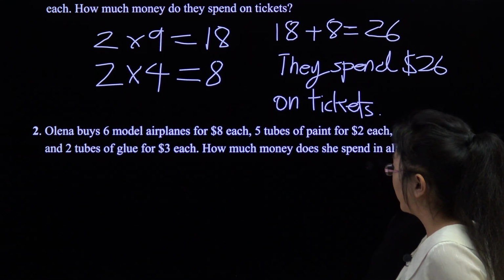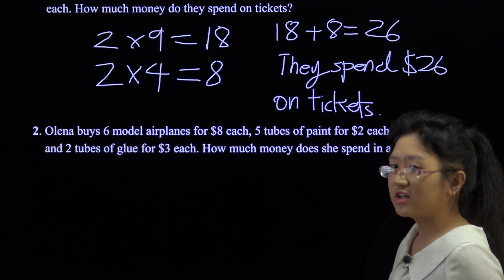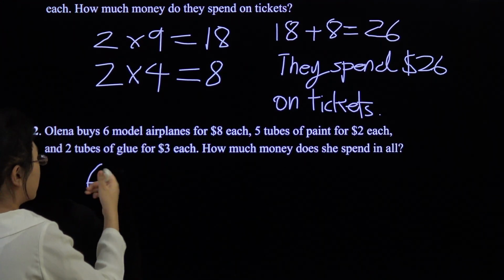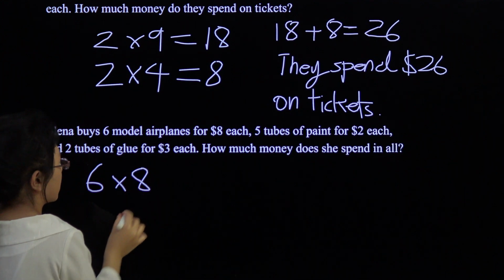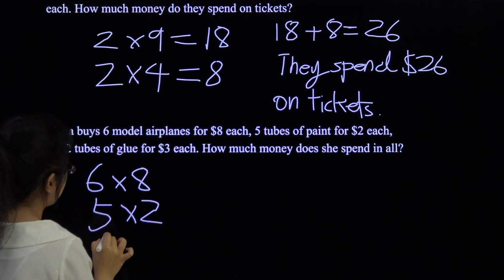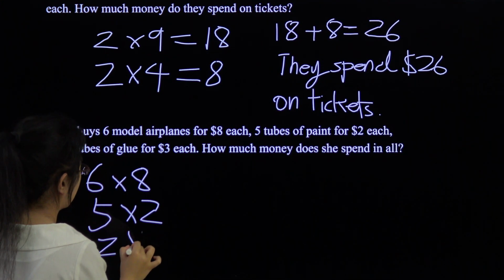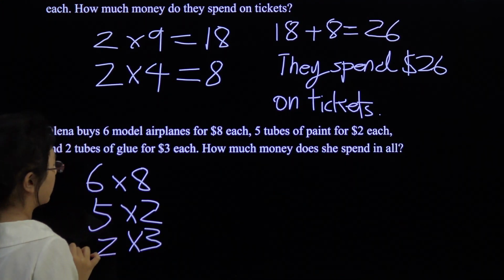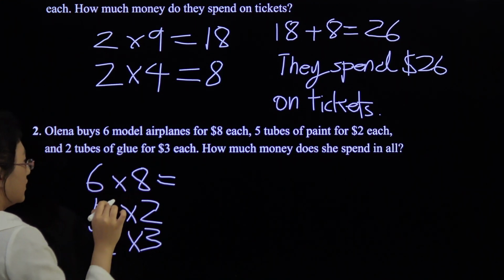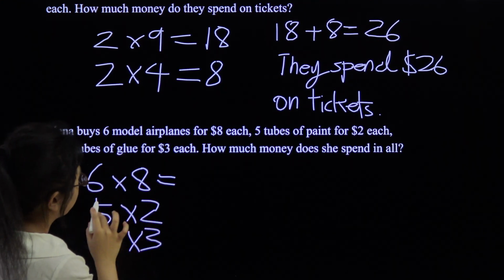Olena buys 6 model airplanes for $8 each, 5 tubes of paint for $2 each, and 2 tubes of glue for $6 each. How much money does she spend in all? So that's 6 model airplanes for $8 each, 6 times 8, 5 tubes of paint for $2 each, 5 times 2, and 2 tubes of glue for $3 each. Okay? Our numbers are correct, right?